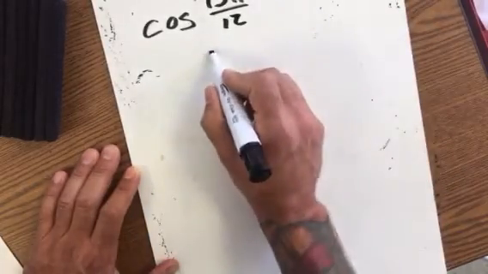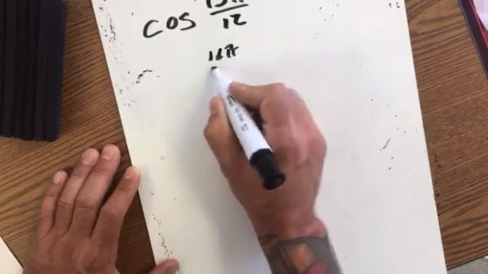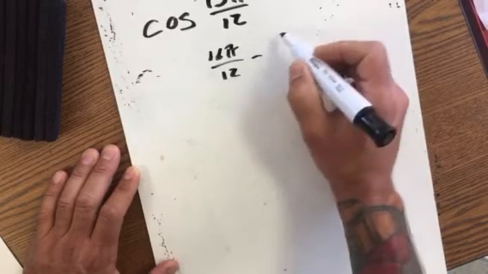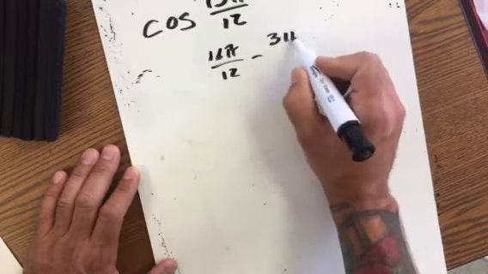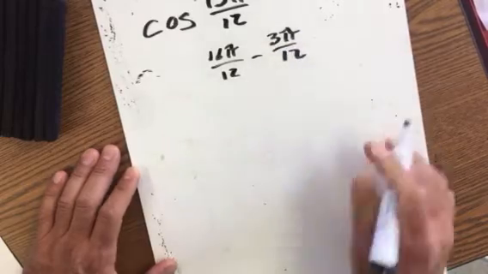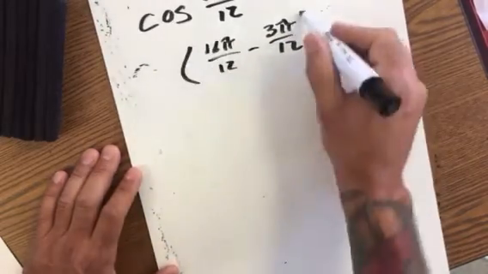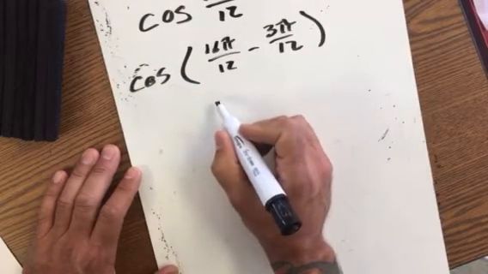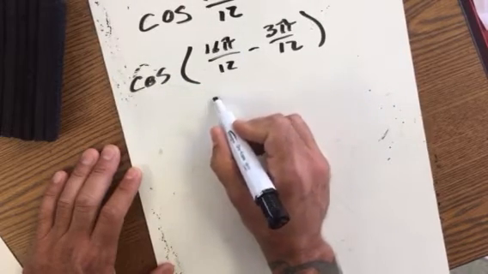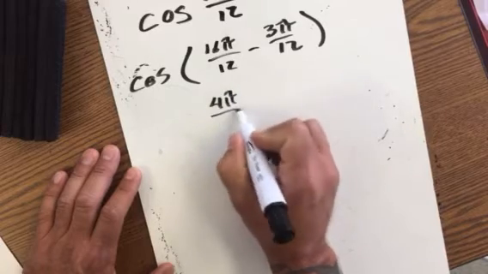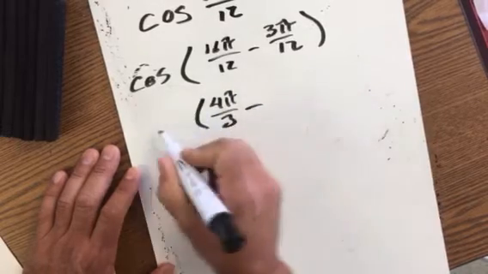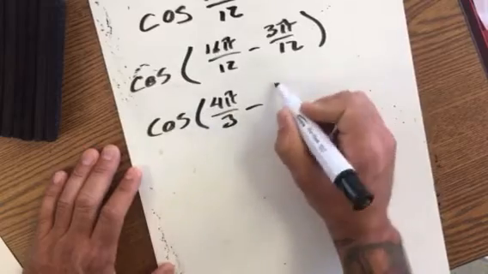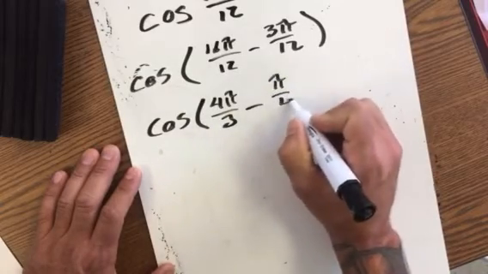So I could do 16 pi over 12 minus 3 pi over 12. The reason that I would do that is 16 pi over 12 is going to be 4 pi over 3, and 3 pi over 12 is going to be pi over 4.